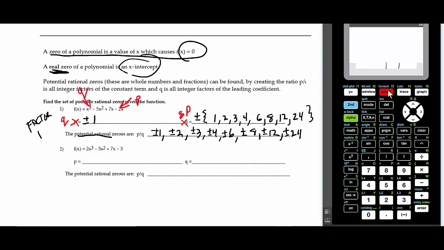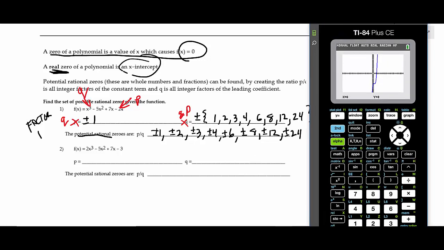If I zoom out a little bit, it looks like this thing only crosses one time. Sometimes a zero can be in this list, but it doesn't have to be. That's why we call them potential rational zeros.